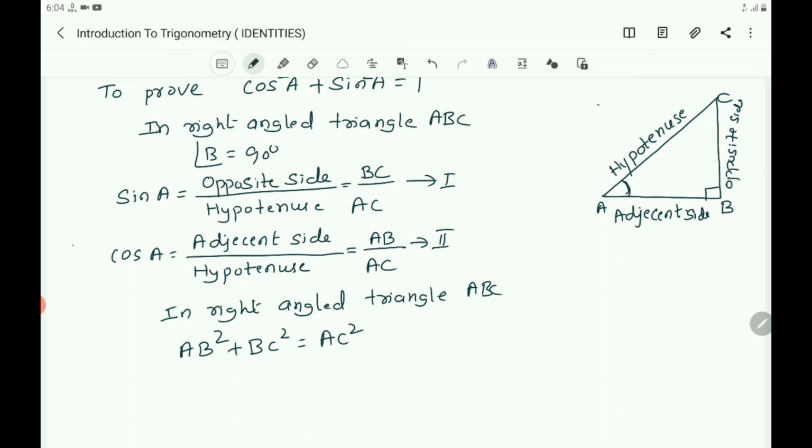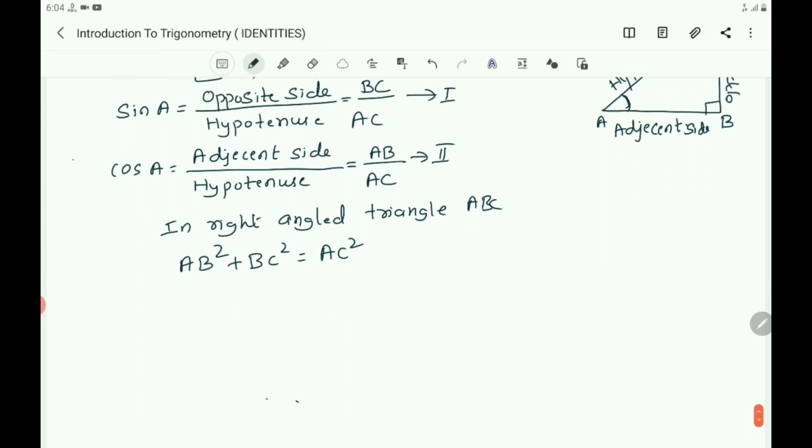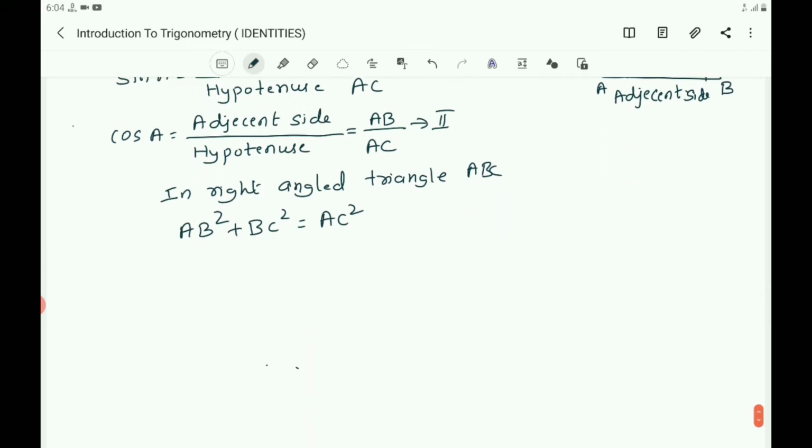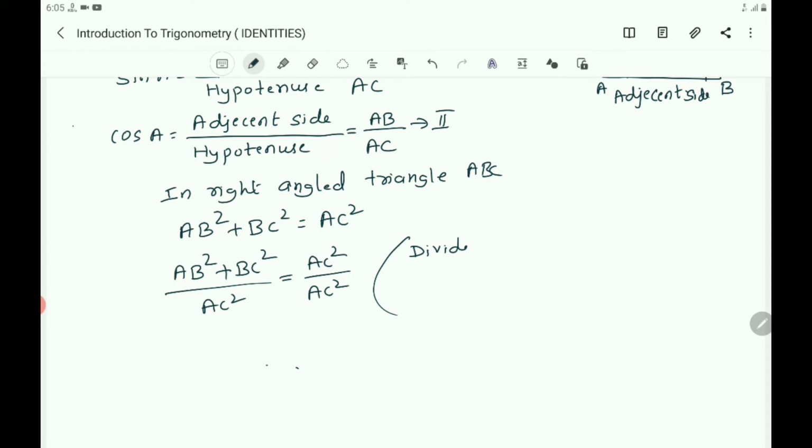AB square plus BC square equals AC square. Now you divide both LHS and RHS by AC square. That becomes AB square plus BC square by AC square equals AC square by AC square. Here this is Pythagoras theorem.